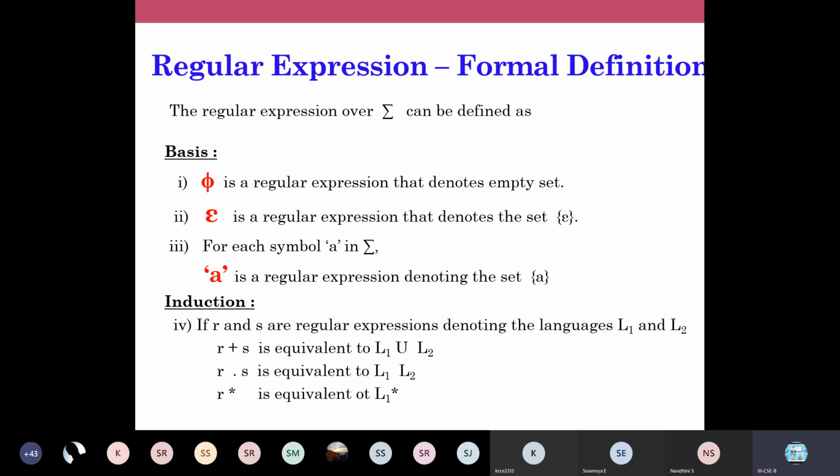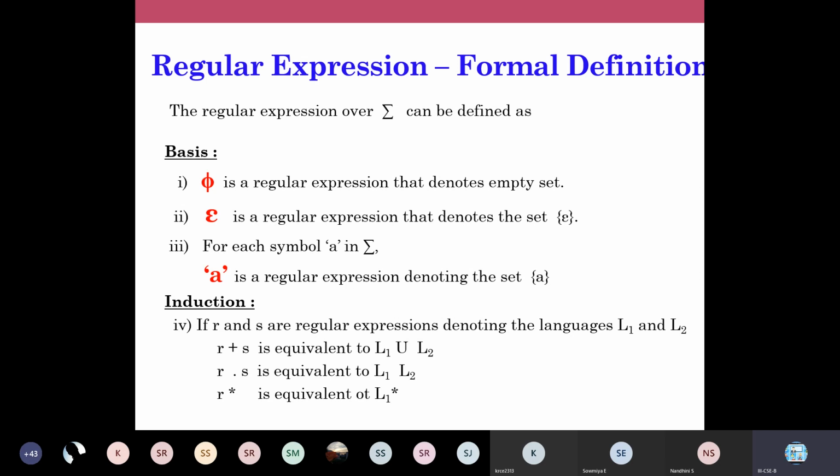So R plus S is the regular expression denoting the language L1 union L2. R dot S is the regular expression denoting the language L1 dot L2. And R star is the regular expression denoting L1 star.